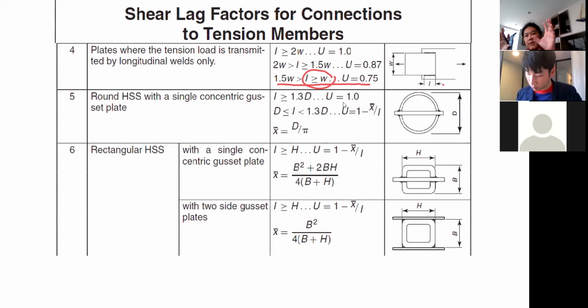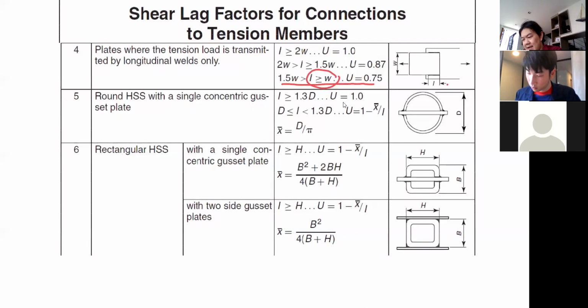because the cutting technology wasn't very good back then, when we wanted to connect the circular members together, you needed to attach the plate through the circular section like this. That caused this section to have the rupture failure with the shear lag problem as well. And this is the suggestion that you can calculate the X bar and put it in the shear lag formula.